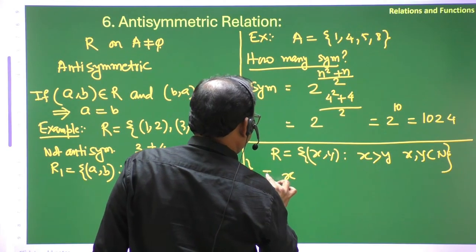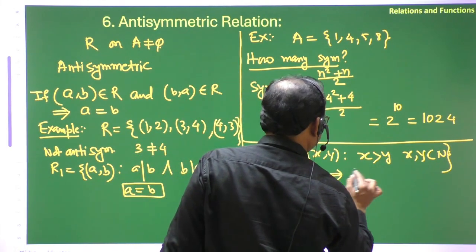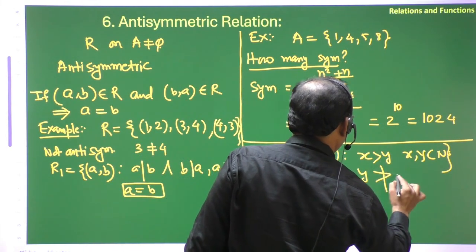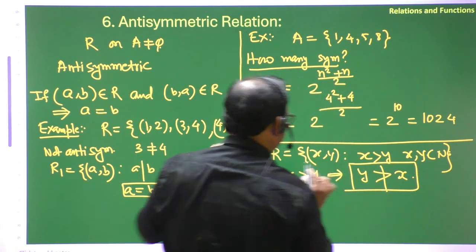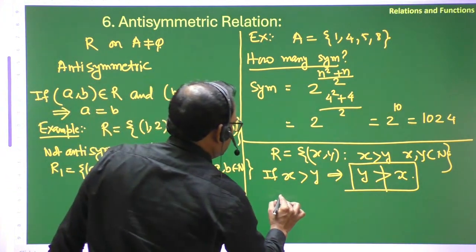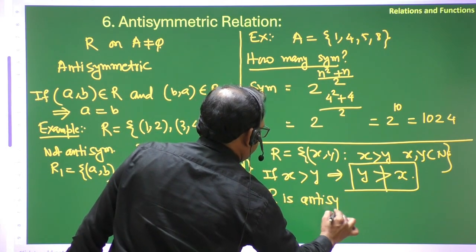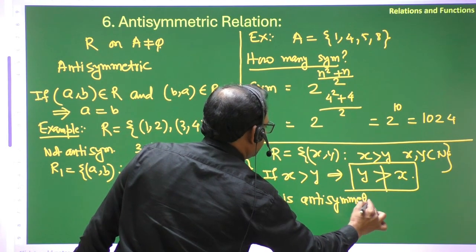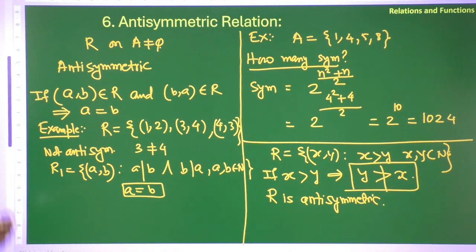So if x, y belong to natural numbers and x is greater than y, it implies that y cannot be greater than x. Therefore the second part is not fulfilled, only the first part belongs to R. So R is antisymmetric. The second ordered pair (y, x) is impossible to belong to the set, so it is an antisymmetric relation.